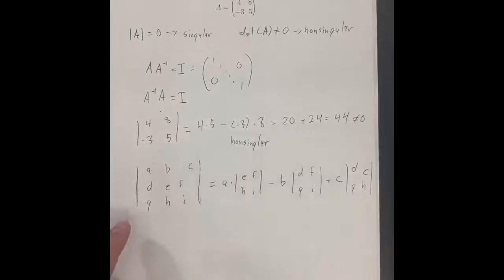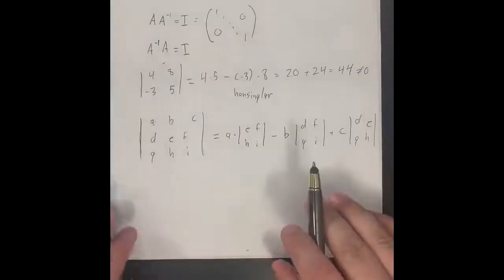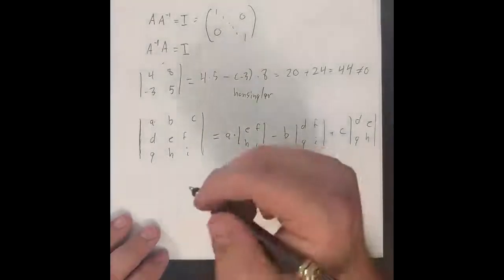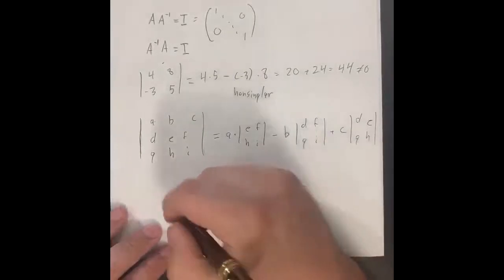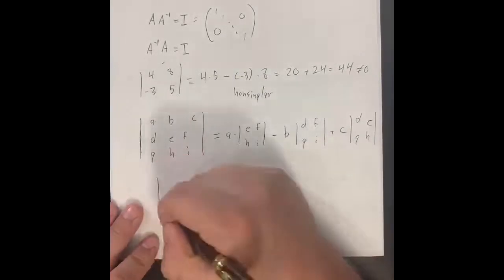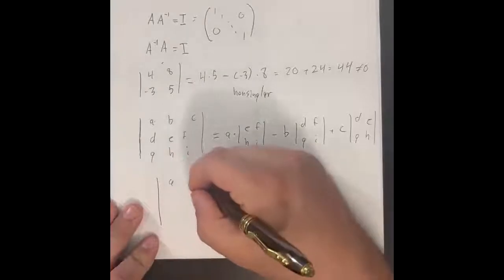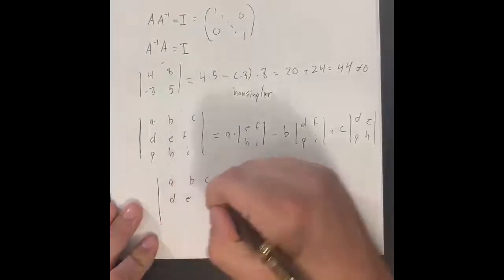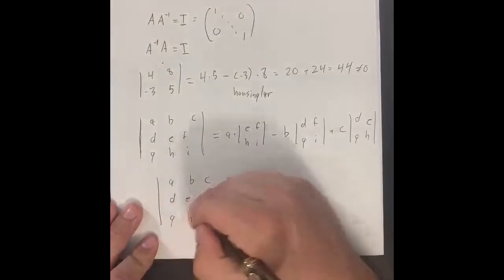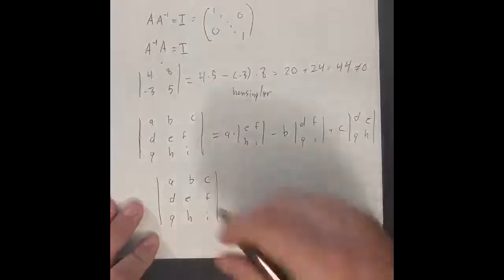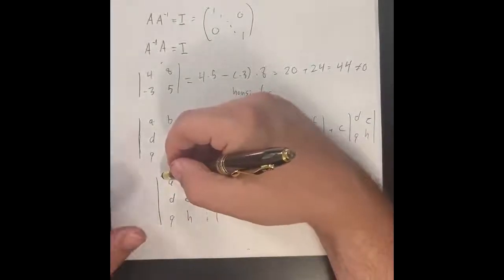The other way to do determinants of 3 by 3s only, let me just share this little trick, is with diagonals. So if I have a matrix A, B, C, D, E, F, G, H, I, we think about all the diagonals going from left to right.